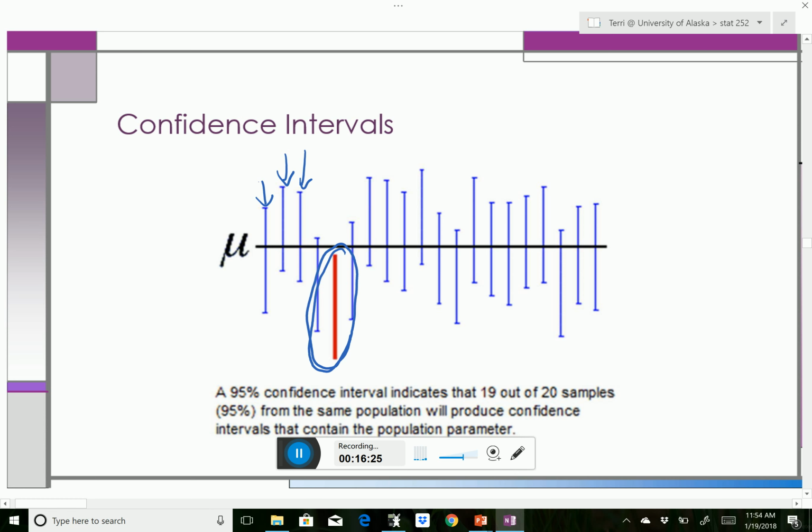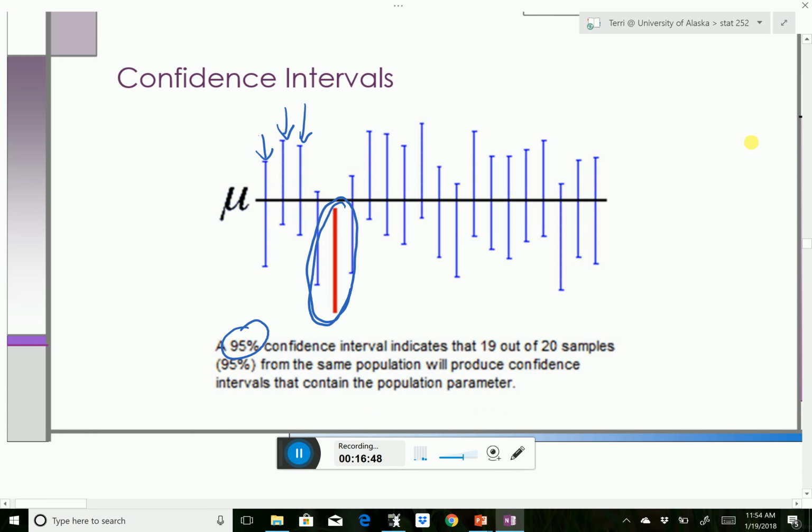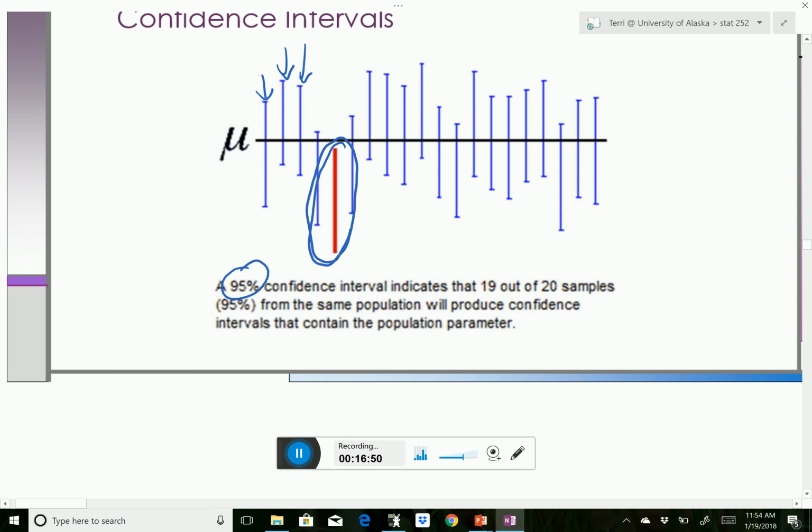The rest of them do. So about 19 out of 20, which is 95%. So that's what we expect to happen. Of course, it's a sample of samples. It may not be exactly 95%. The other issue with it being exactly 95% is also that most of the time, remember, we're only approximately normal and not exactly normally distributed. So that also moves that confidence interval a bit.